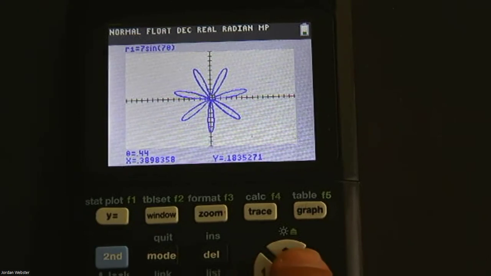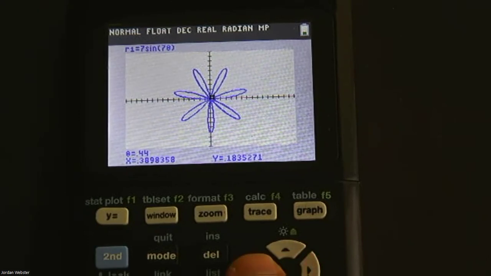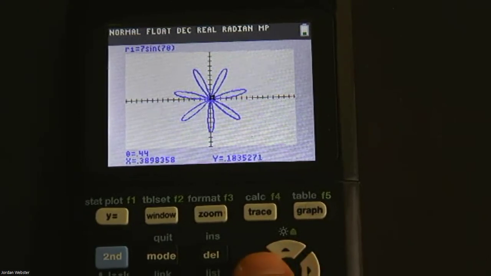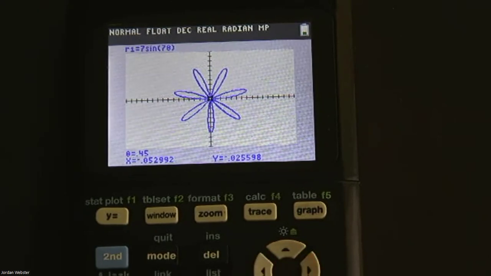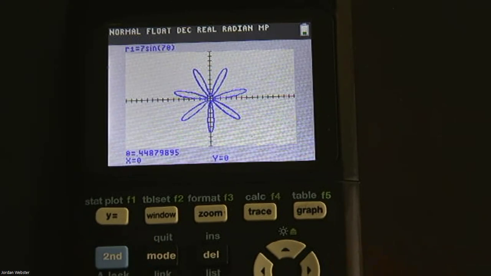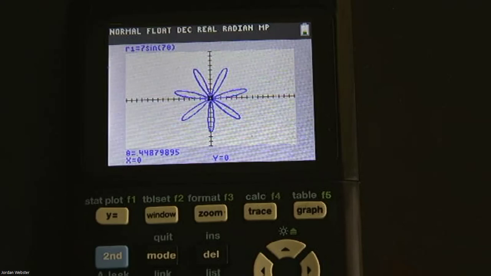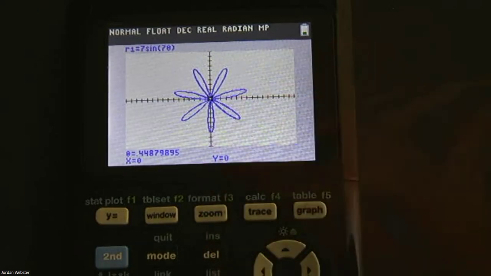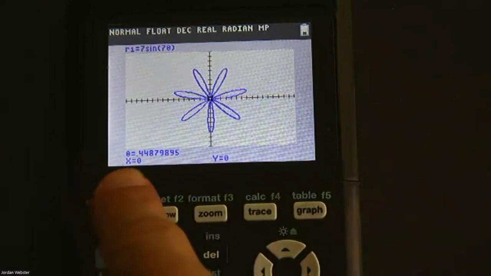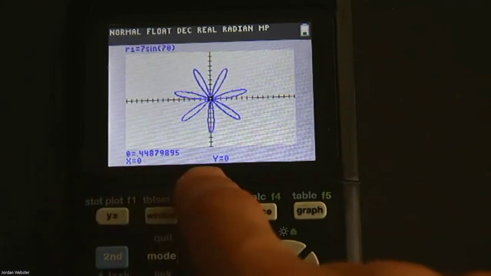Somewhere between 0.44 and 0.45, it looks like. And so what you would do is you would say, well, what is that? Is that perhaps pi over 7? Yeah, sure is. It's about pi over 7. So just type in pi over 7 and see if that's the right theta value. That gets you back to the pole or the origin.